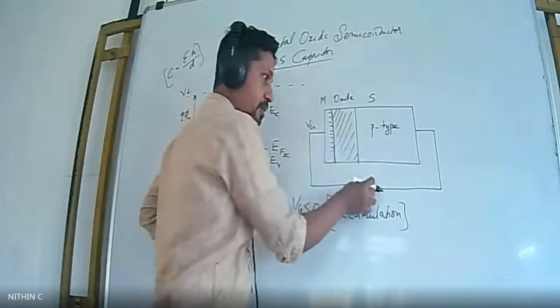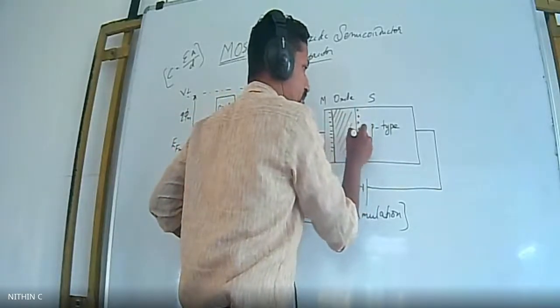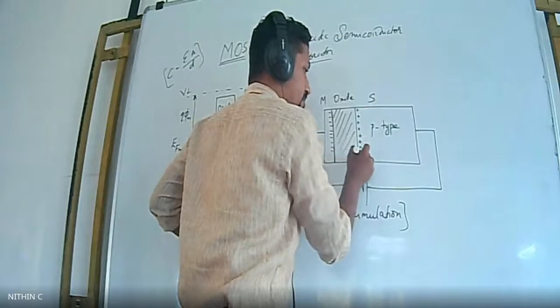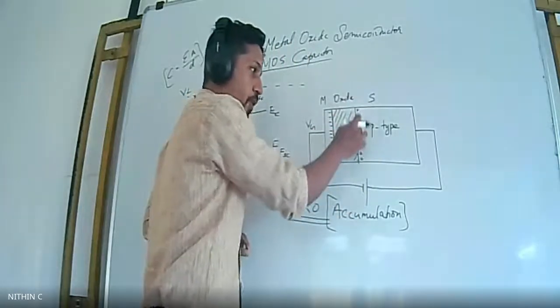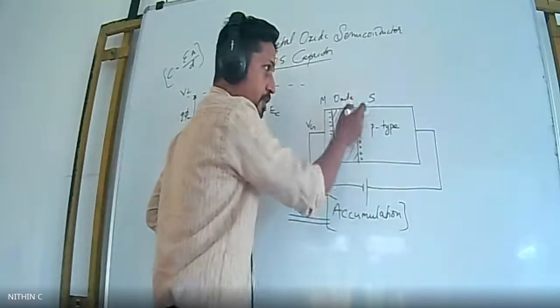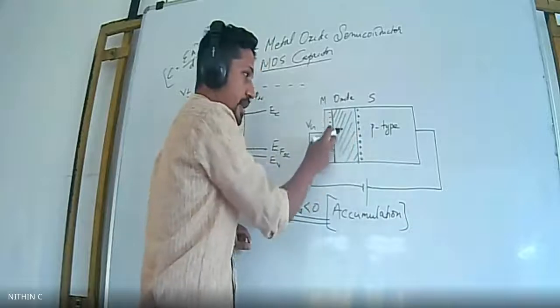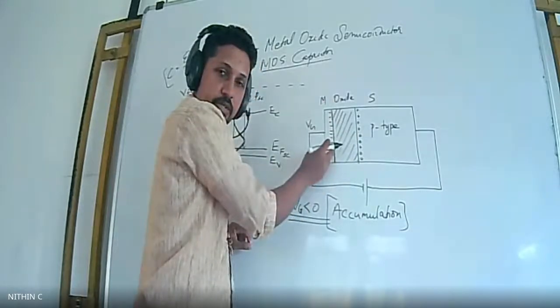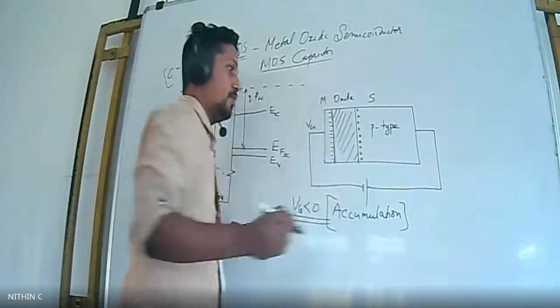In a similar manner, you will have holes accumulated at the P side semiconductor oxide interface. You will have plenty of holes, because holes will be repelled by the positive potential and accumulate at the interface. Likewise, negative electrons accumulate over the metal.